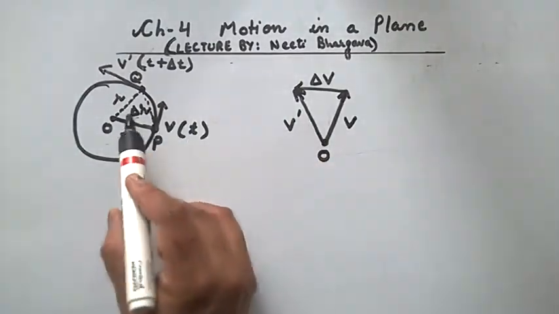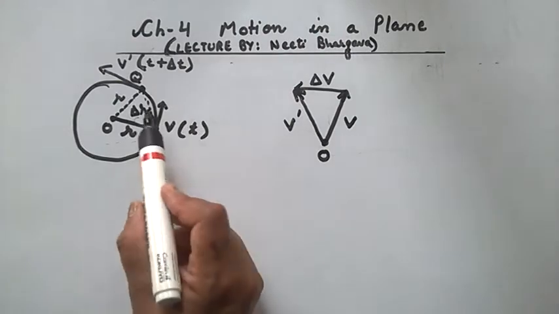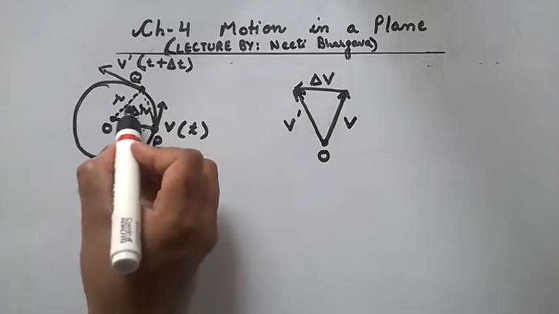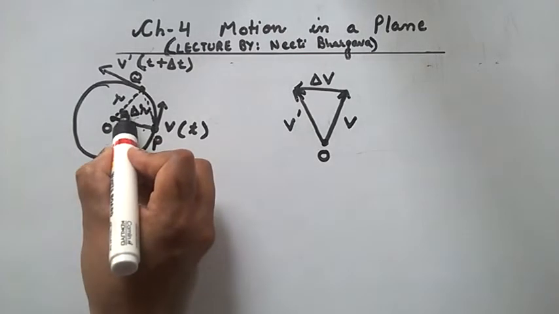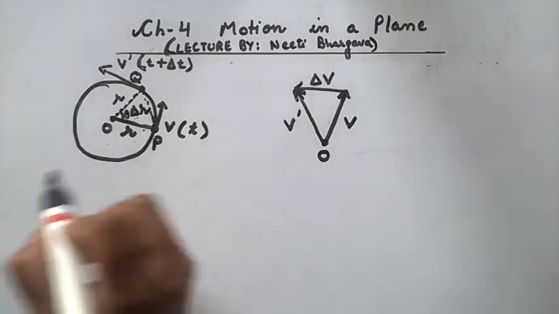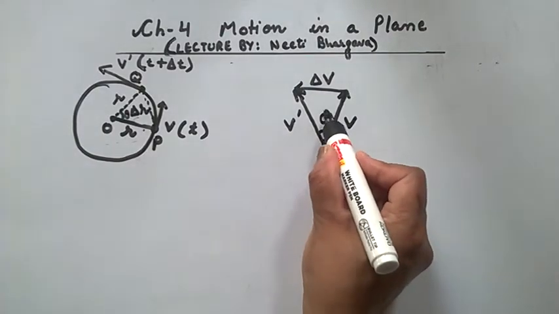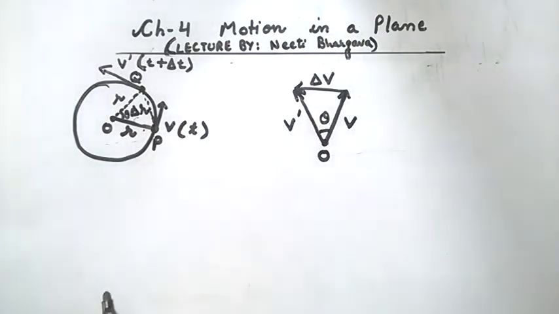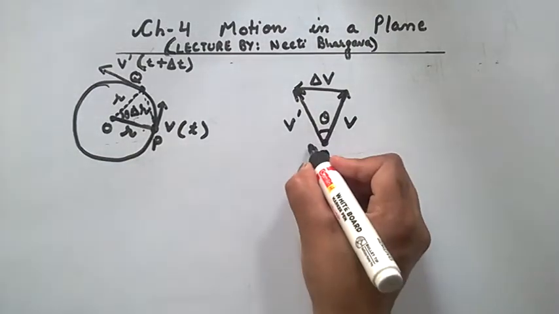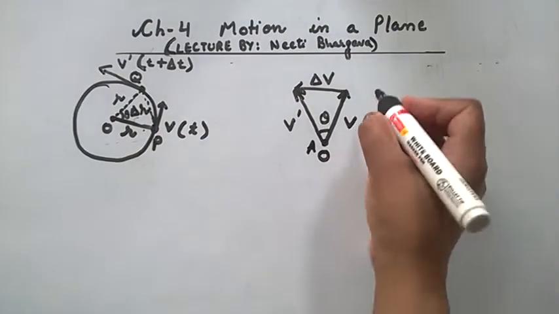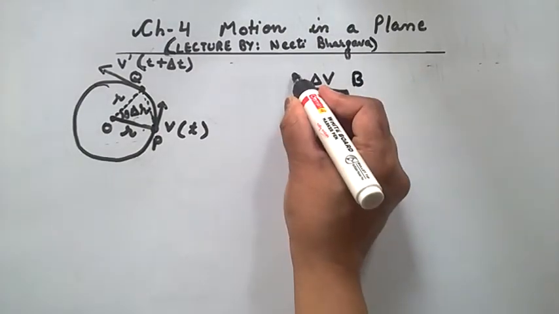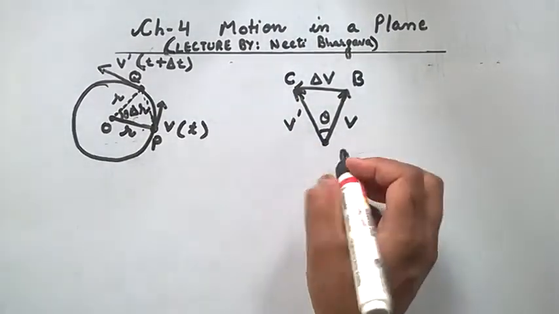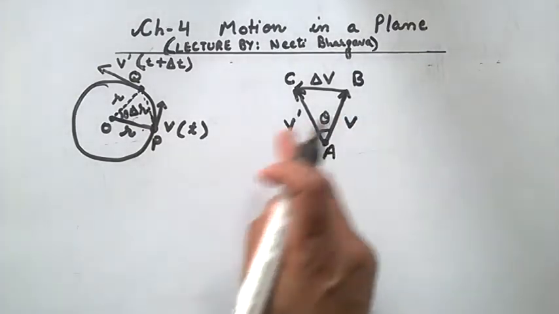Now let's compare these two triangles. We can see that these two triangles are isosceles triangles as their vertex angle is the same, let it be theta. Therefore, the ratio of their corresponding sides will be equal, and let the vertices be denoted as A, B and C.